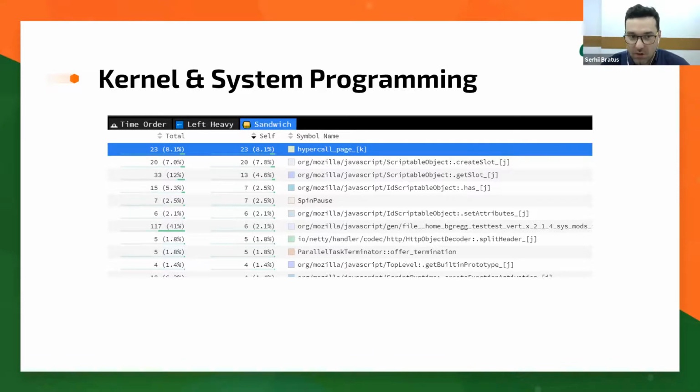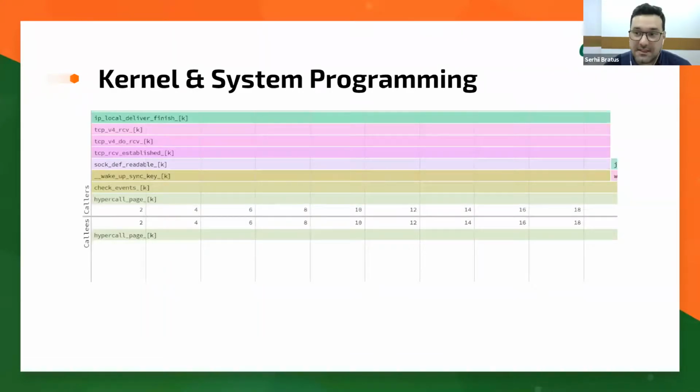As soon as you choose any call of this, on the right side you'll see the actual sandwich. Why is it called sandwich? Because this function will be in the middle. On the top you'll see the callers of it, and on the bottom you see the calls from it, and you'll see not only the function and how much time it spent somewhere, but also how it came to this phase and which threads it was in while doing this. Very convenient when you are measuring who's taking the most time.